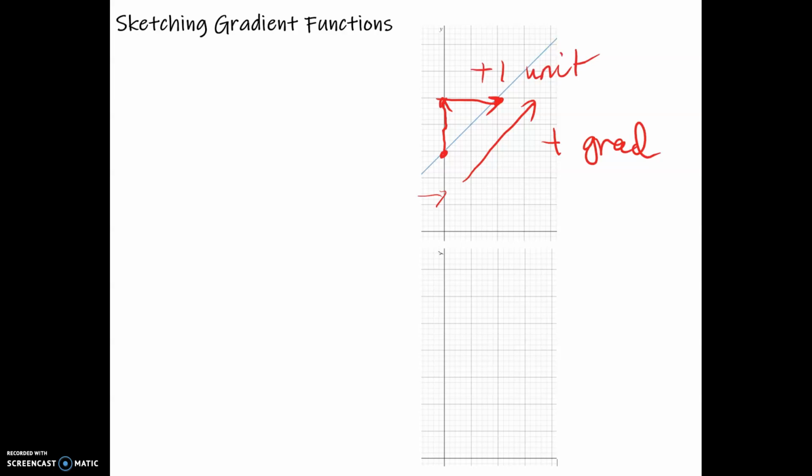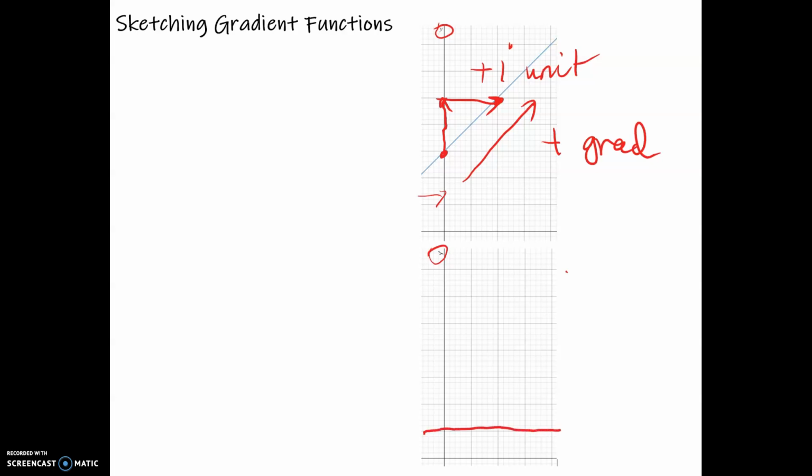So when I sketch my gradient function, you can see this is y dash, and that's y. This is the original function, and this here is my gradient function. So what we are doing is drawing a flat line because the gradient is constant. It's increasing at a constant rate. So we are going to have a flat line in the positive region at 1.